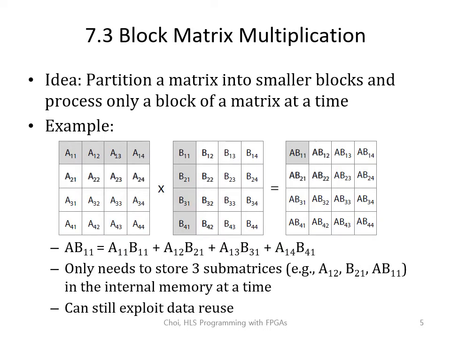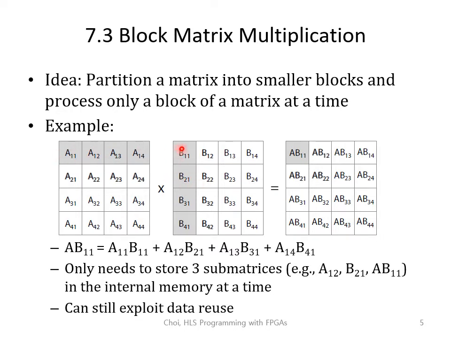The main idea of blocked matrix multiplication is to partition a matrix into smaller blocks and process only one block of the matrix at a time. For example, let's divide a matrix into 16 submatrices. This is not an element, this is just a part of a matrix with several elements of its own. We're going to multiply this submatrix A11 with this submatrix B11 and add that to the multiplication of submatrix A12 and B21, and so on.